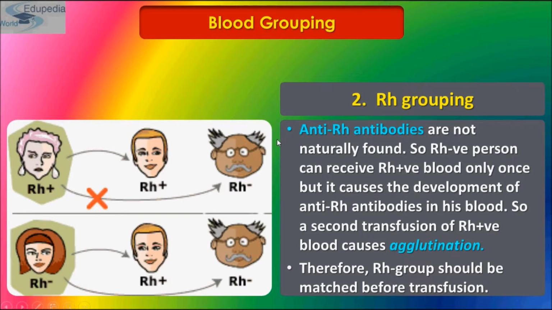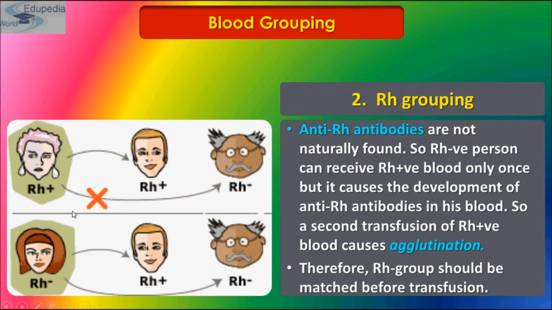In the second blood transfusion of Rh positive blood to the Rh negative person, the latter's anti-Rh factors attack and destroy the red blood corpuscles of the donor. Okay, so Rh positive to Rh negative is not advisable, but Rh positive to Rh positive can be done.